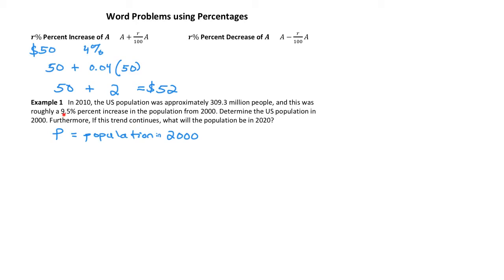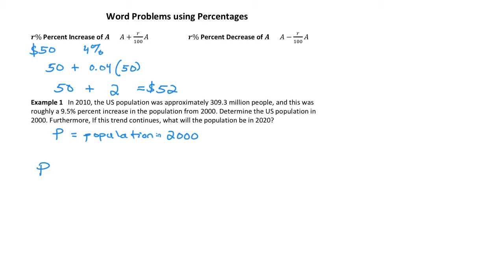According to this question, whatever this value is, if you apply this 9.5% increase to it, it would take us to this new value of 309.3 million. So essentially, I'm going to take this formula. Instead of using A, I'm going to use the letter P. And then right here, I'm going to convert 9.5% into a decimal and just set it up exactly like this. So I have my population.